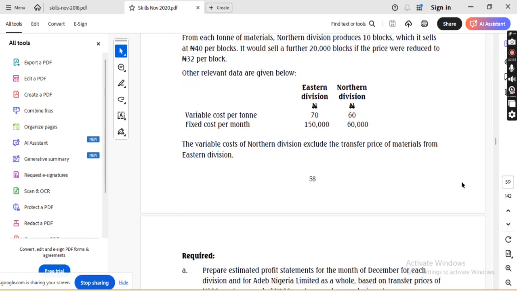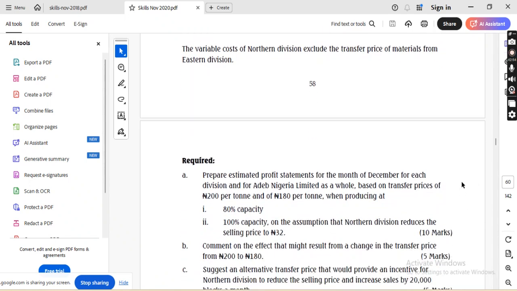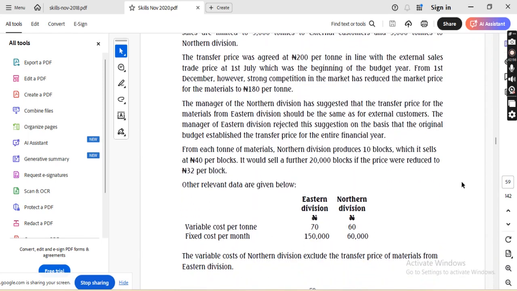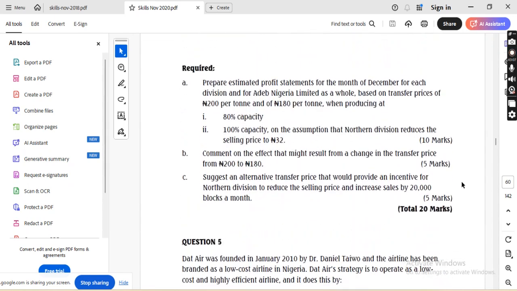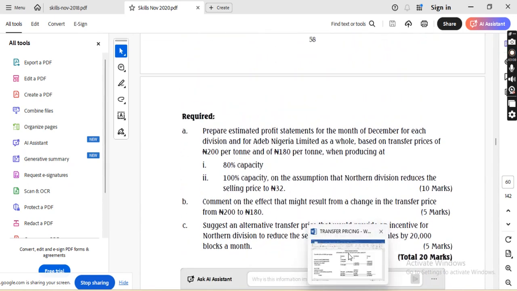So in this case, the 32 naira per block is the total that they will get, right? Because if they reduce it, they will have more sales. People will demand outside too. The buying division will actually buy more. Yeah, you are right. I think that should be yes.